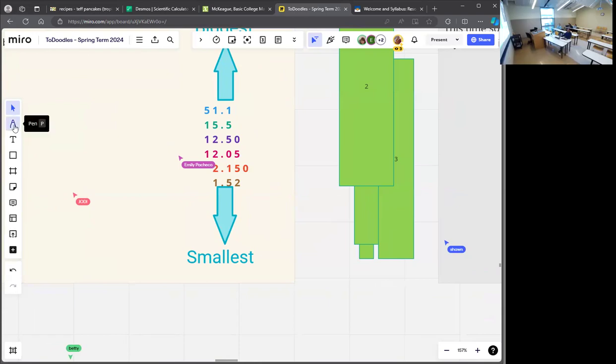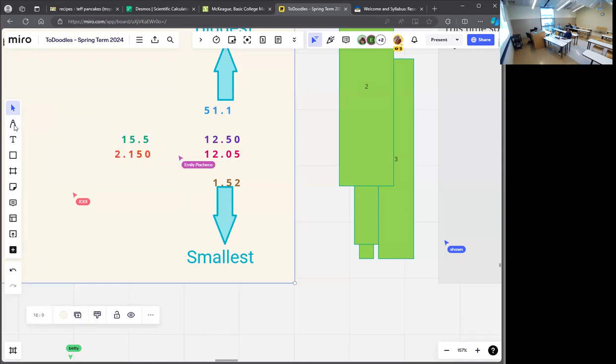Notice when we sort them, that the decimal points all have to line up. Otherwise, if you have them not lined up, then, let's pick, which is bigger? $2.15 or $15?